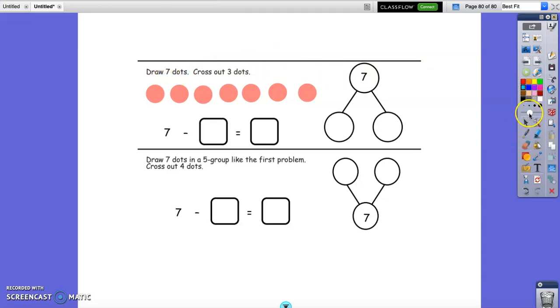Cross out 3 of them. 1, 2, 3. And always circle what you have left. So 7 minus 3. 3. Alright. I want you to try these 2 by yourself and submit your work into student portfolios.